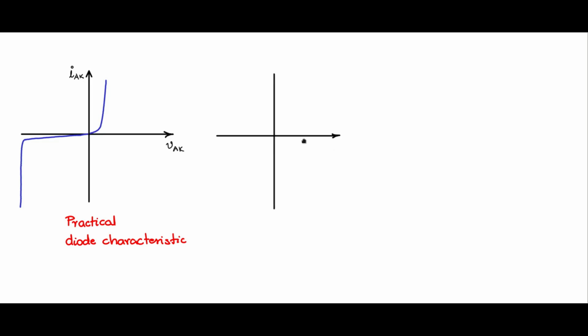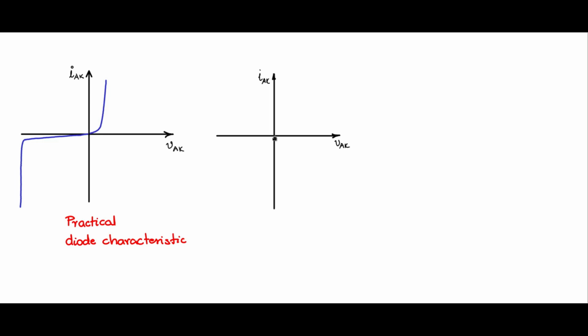Now let us draw another similar XY graph. So you have VAK, voltage across anode to cathode, IAK, current flowing through the anode cathode of the diode. Now in the case of the ideal diode, whenever the anode voltage is 0 plus, greater than 0, the diode will conduct.